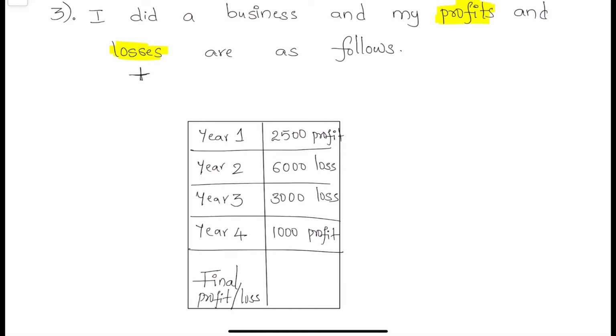And if your answer is a positive number, then it is profit. First, let's color code. If it is in yellow, it is profit. Now I said if it is profit, 2,500. So what is this 2,500? Is it plus 2,500 or minus 2,500? So the answer should be easy there. It's positive, right? Yellow is positive.